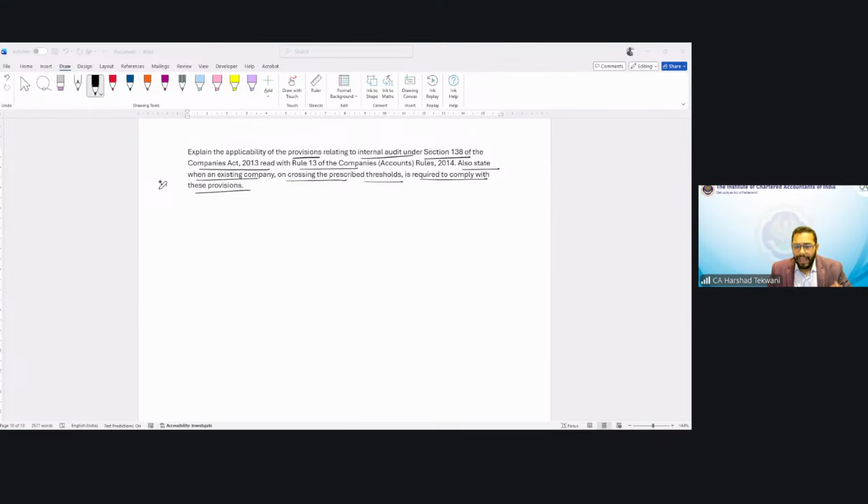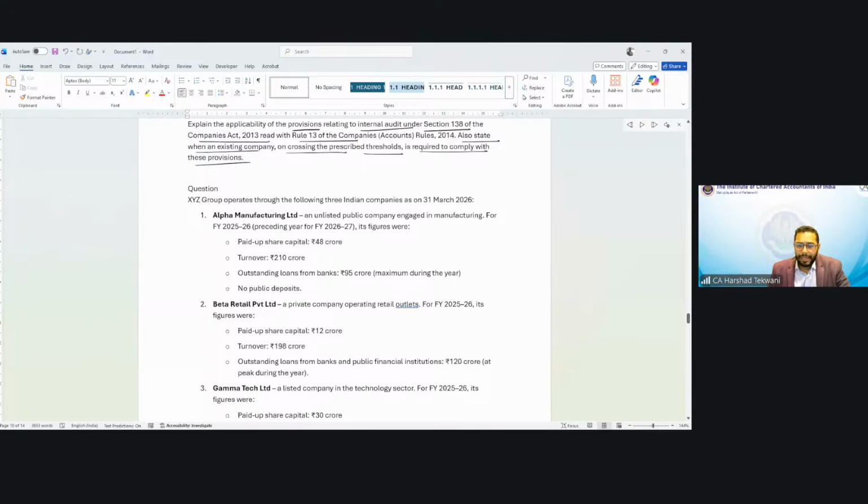So, we have certain companies in our case scenario. Now, we will see what details are given and what is applicable to them. As on 31st March 2026, XYZ Group operates the following three Indian companies. Alpha Manufacturing Limited, an unlisted public company engaged in manufacturing.